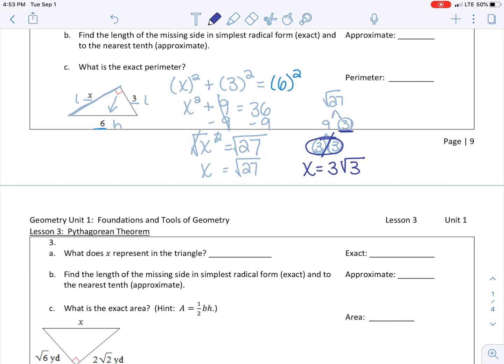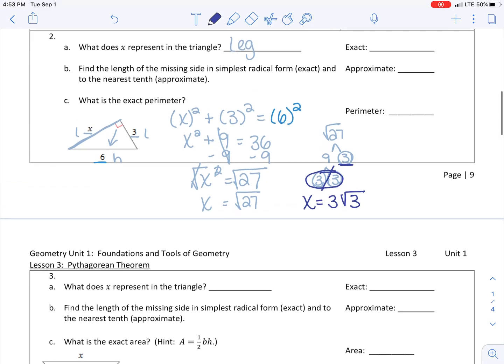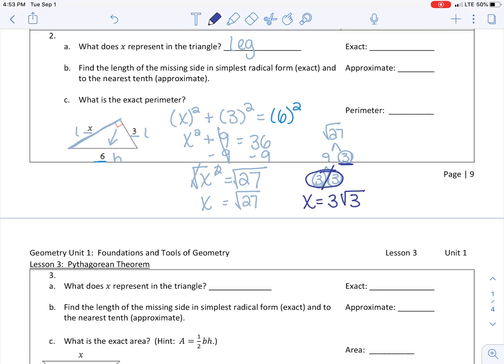So our exact answer is the answer in simplest radical form, which is what we just did. So the exact answer is going to be 3 times the square root of 3. Now the approximate answer, you're going to want to put 3 times the square root of 3 in your calculator. And what that gives you is 5.196.